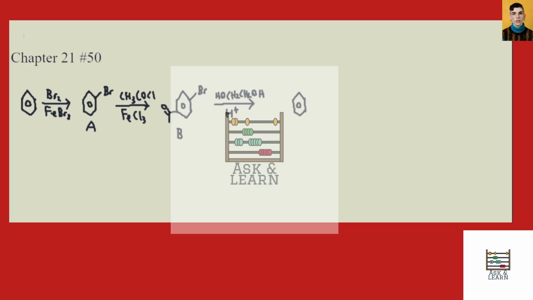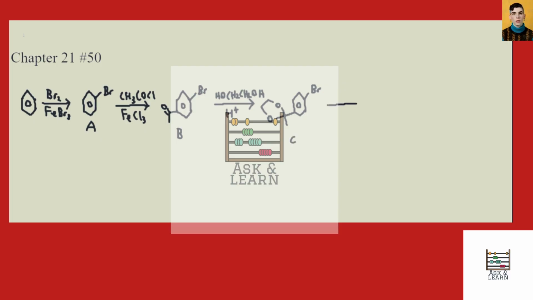So there's our aromatic ring. There's our bromine unaffected. And then here is going to be the acetal that this makes. So there's the acetal, and this is intermediate C.